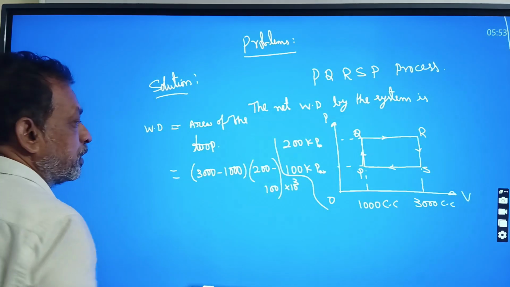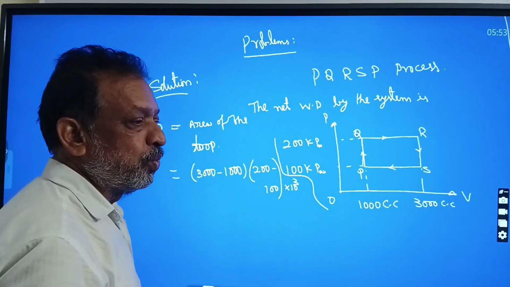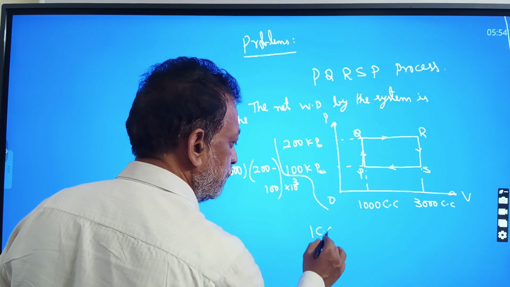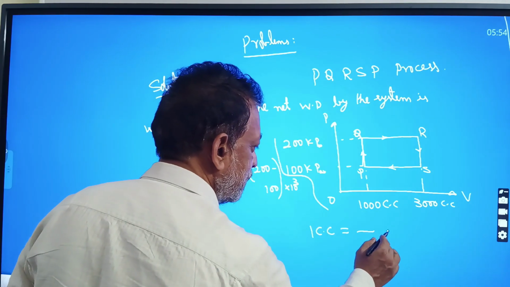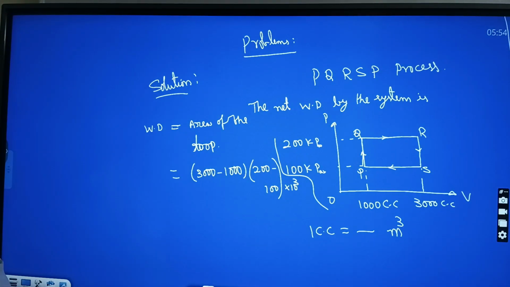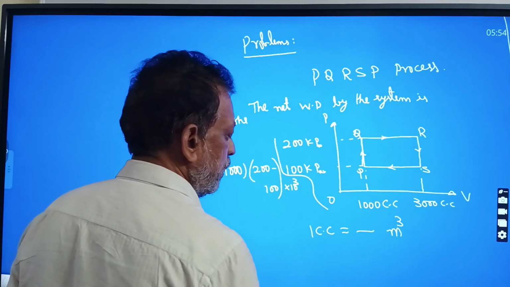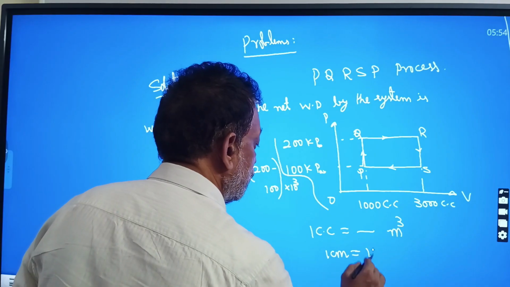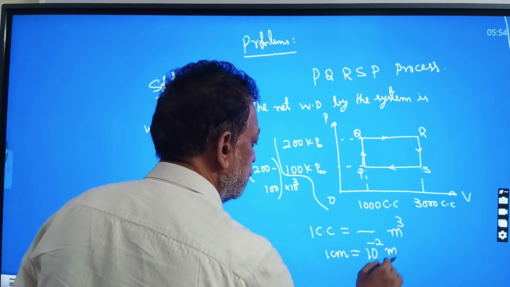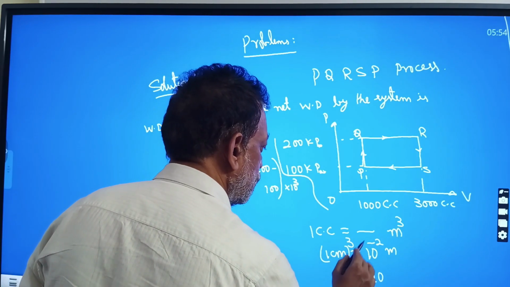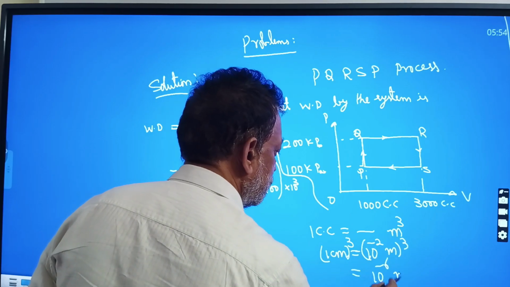Now this is in cubic centimeters, so we need the SI system. 1 cubic centimeter is equal to how many cubic meters? 1 centimeter is equal to 10 to the power of minus 2 meter, so cubed you get 10 to the power of minus 6 meter cube.